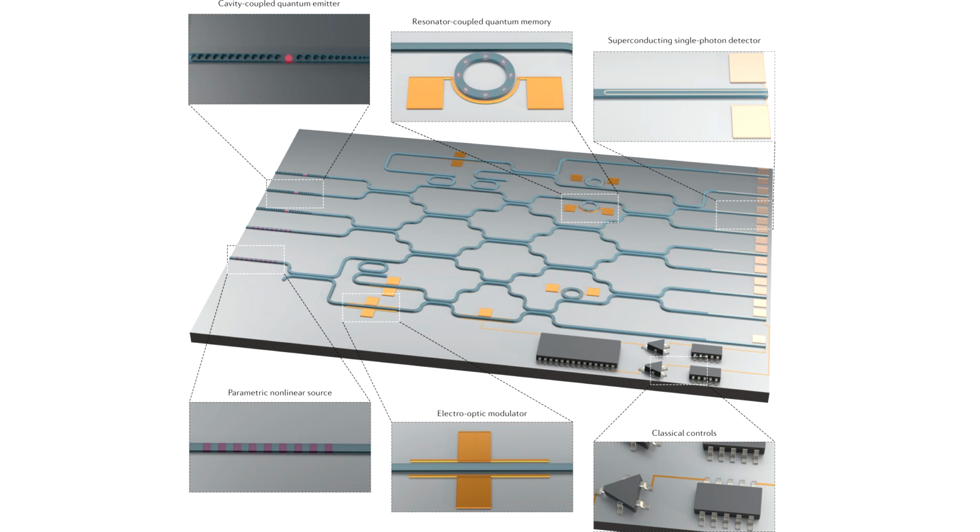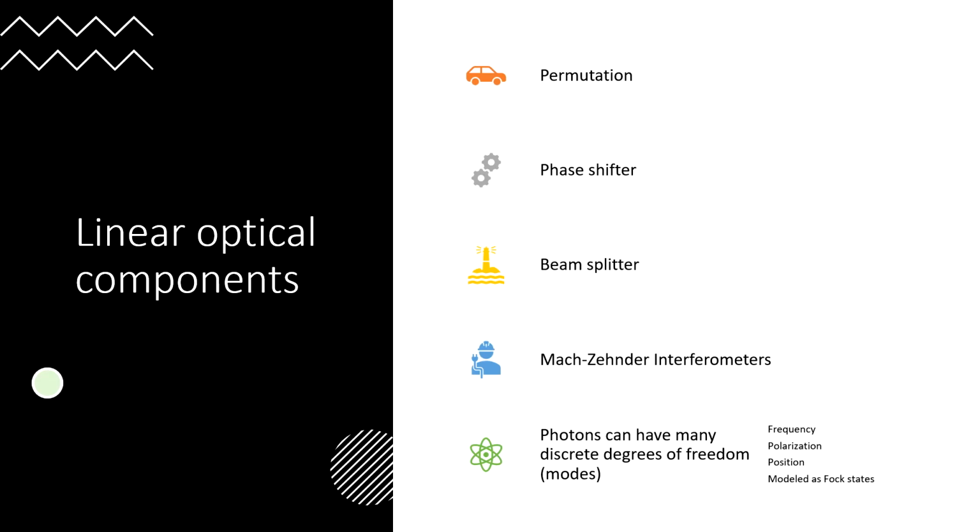It's really finding a way to map your logical circuit into the real circuit. So here, the basic building blocks that are used, specifically in Ascella and in Perceval, are permutations, phase shifters, and beam splitters, and then you can compose Mach-Zehnder interferometers out of them to get some more complex operations done.